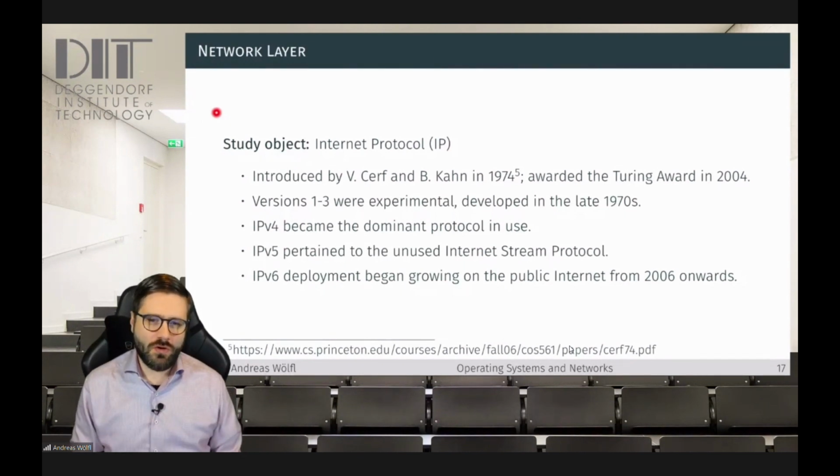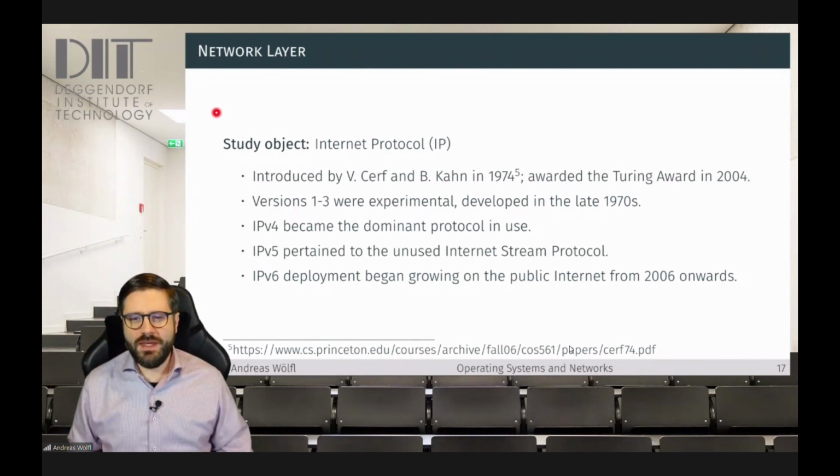The Internet protocol, the IP protocol, was introduced in this paper, and the TCP protocol as well. So the whole TCP/IP stack that we use in the Internet today was proposed in 1974 by Cerf and Khan, and they got the Turing Award for that in 2004.